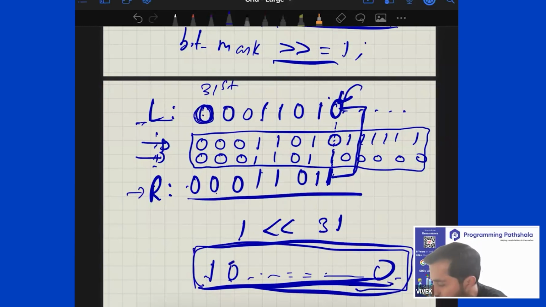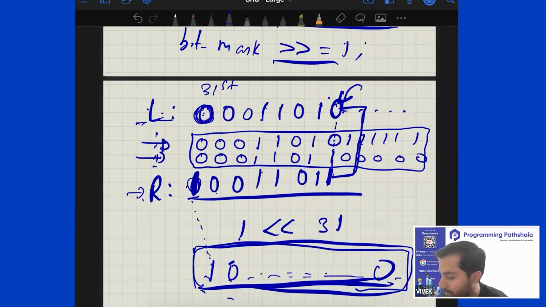If this is 0 and this is 0, L and mask will have the same value as R and mask. But if this is 0 and this is 1, then L and mask will be 0, but R and mask will be non-zero because these positions are 1 and 1.